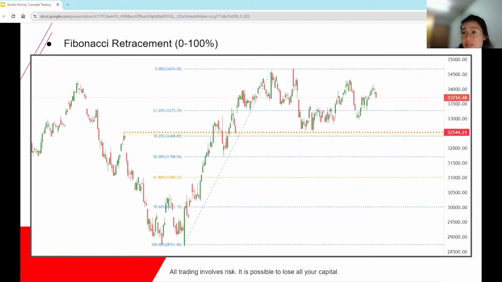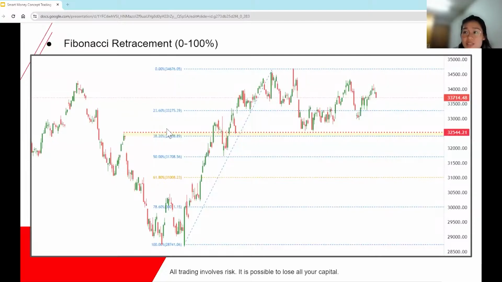So another level here, but this time we're using 38.2. You can see how this 38.2 is also in line with a previous swing high and actually a swing low here as well. So this is what we mean by combining overlap levels or your pullback levels together with your Fibonacci.